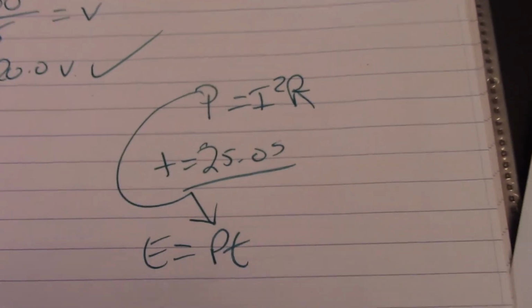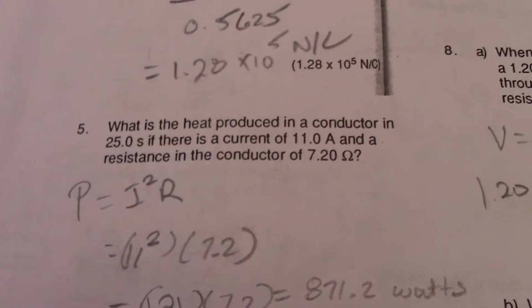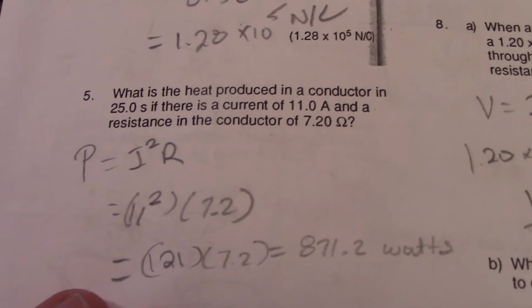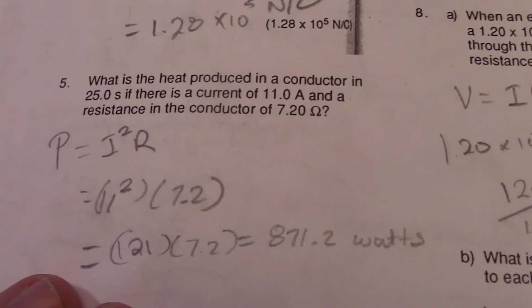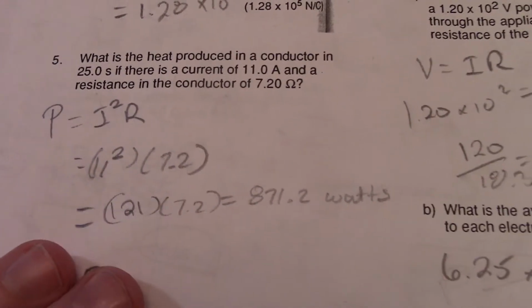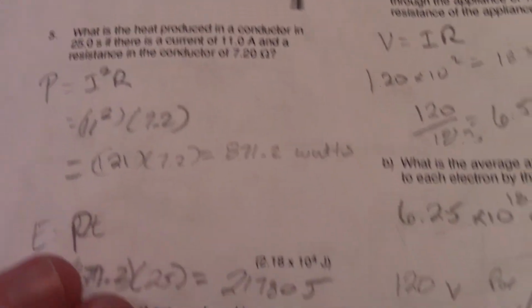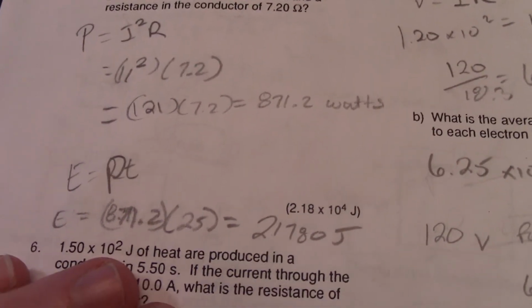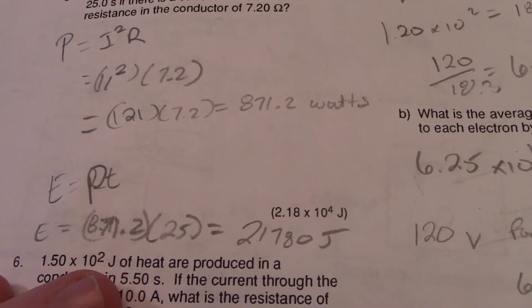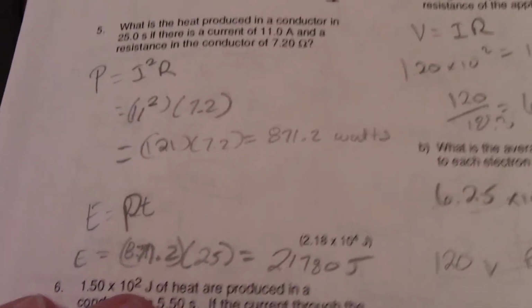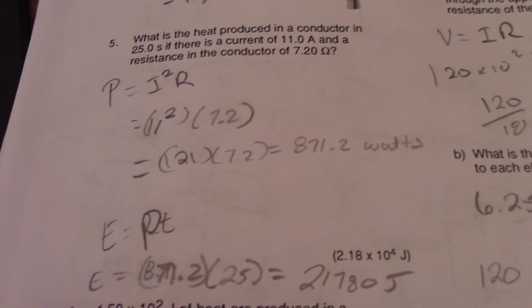Energy equals P times T. We don't have power, so we're solving for power first. So it's a two-step equation. I have 11 amps and 7.2 ohms, so I can solve for power, and then I can solve for heat, which is energy. So E equals P times T. Be prepared to be able to do a question like this on a quiz.